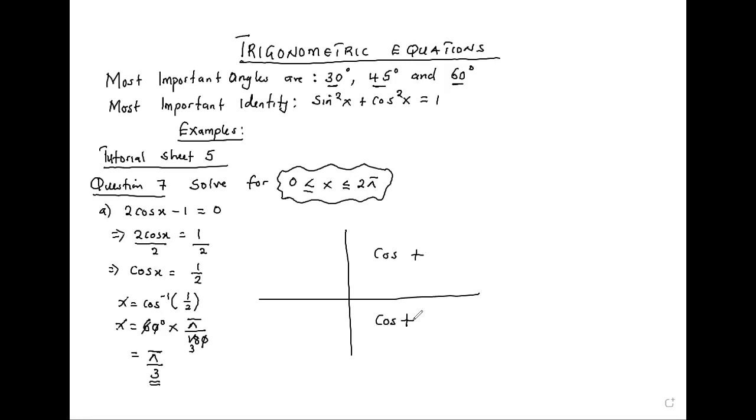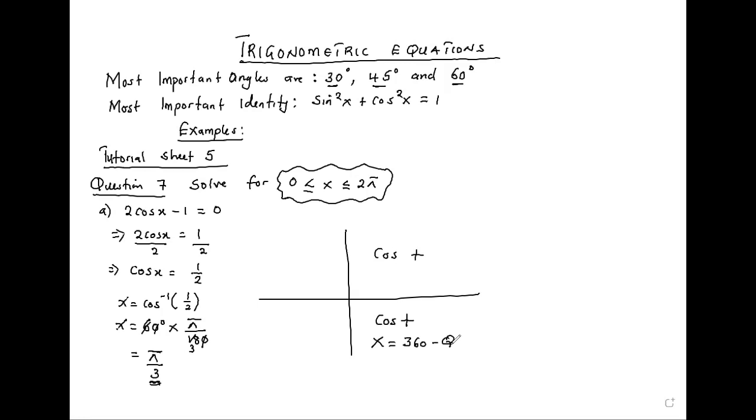So we'll go all the way up to the fourth quadrant and look for an angle that gives us the same value as 60. So in the fourth quadrant, this is the reference angle of that angle. Now we know that reference angles here are obtained by subtracting from 360.